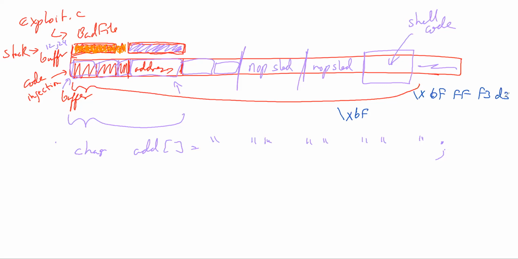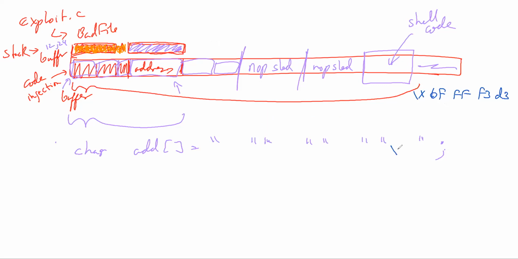Let's say that you figured out that's the address. Then the first thing you're going to do is take that address and write it into this buffer over here. And you're going to write it like this. You're going to invert it. So now BF is going to be over here.